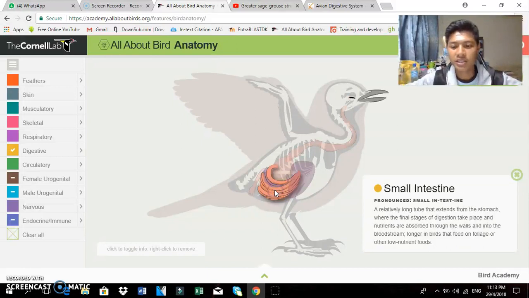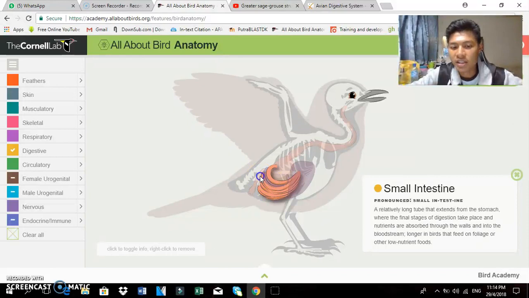Okay, and the next part is the small intestine. The small intestine of the bird also has a function quite similar to the human, which is where the final stage of digestion takes place. All the food that has been digested into a smaller, final structure, which is what we call a nutrient, will be absorbed through the walls and into the bloodstream.